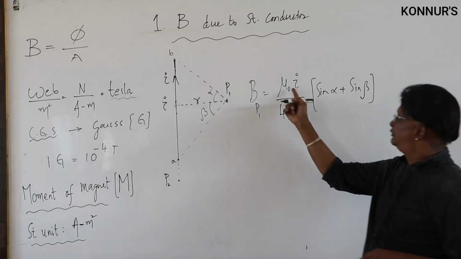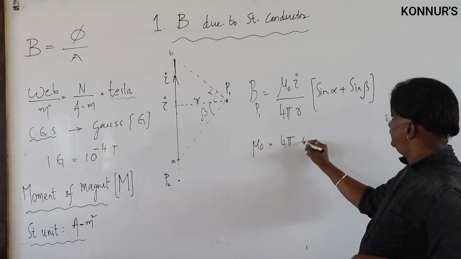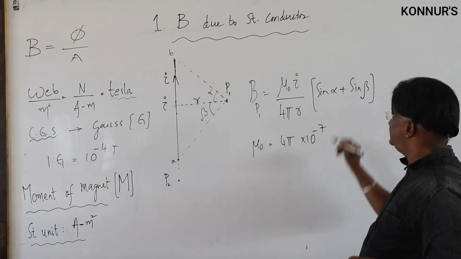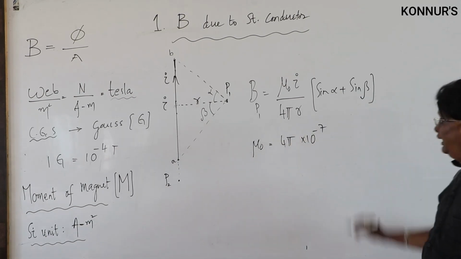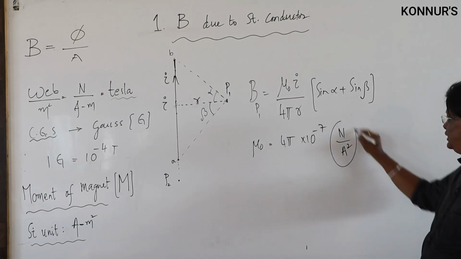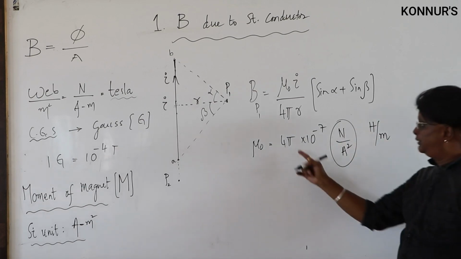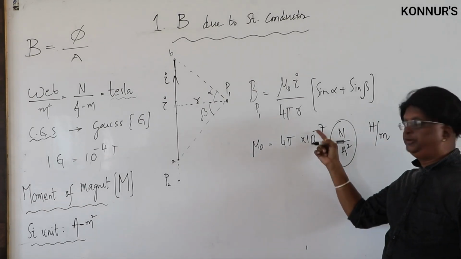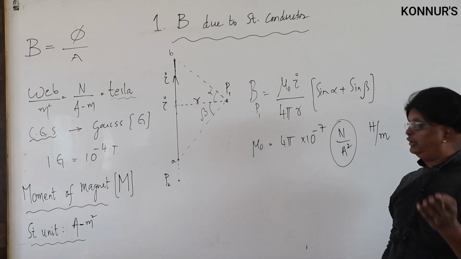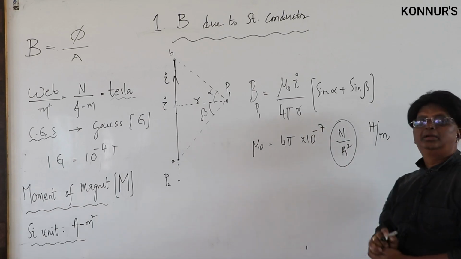Now here, what about mu naught? Mu naught value is 4 pi into 10 raised to minus 7. And I will write the unit as Newton per ampere square, otherwise called Henry per meter. Remember this mu naught value, 4 pi into 10 power minus 7. So in all the cases, mu naught by 4 pi, I will take as 10 raised to minus 7.